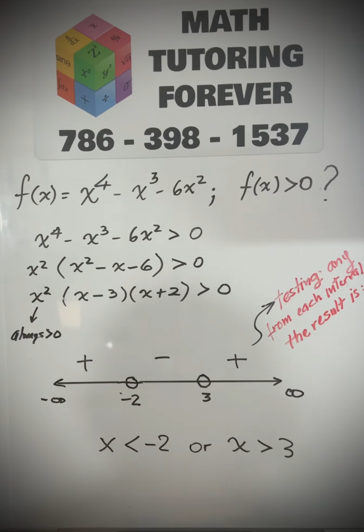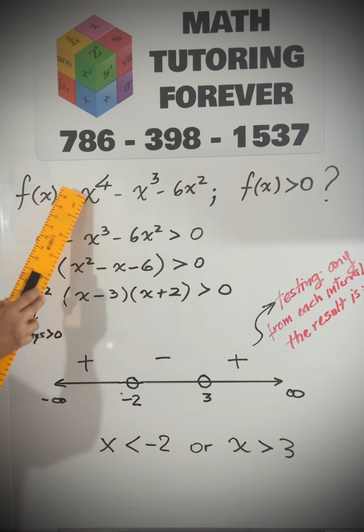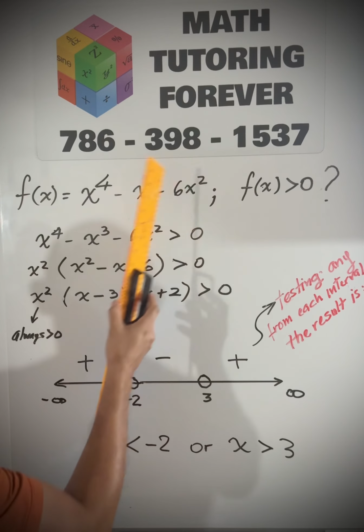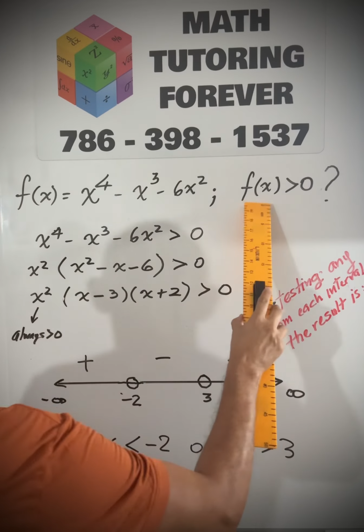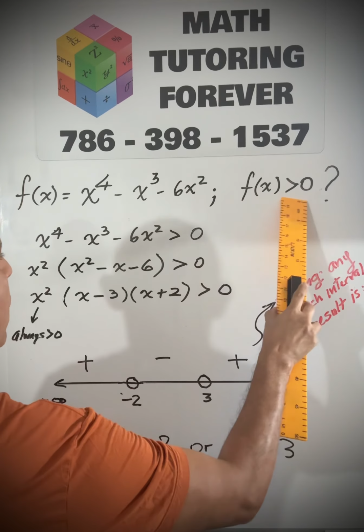Today we have an algebra SAT problem that says: if our function is x to the power 4 minus x to the power 3 minus 6x squared, we need to find out what values of x make my function greater than 0.